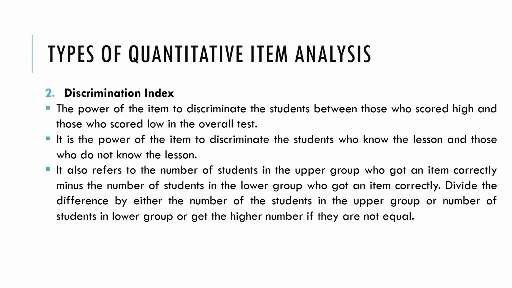And then divide the difference by either the number of the students in the upper group or number of students in the lower group or get the higher number if they are not equal. So anyway, titingnan natin to, we can actually understand the third bullet by the time I'll be showing you some examples. So it is the basis of measuring the validity of an item.